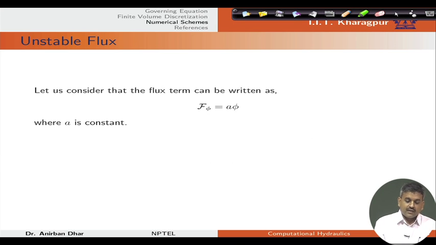Now, let us consider the simplest form of the flux, where A is constant, phi is our general scalar variable.